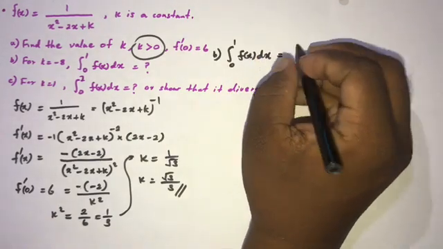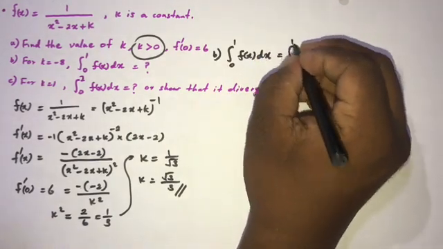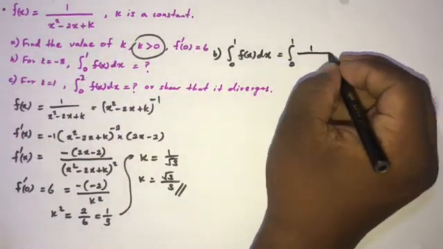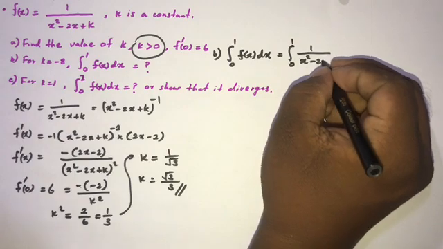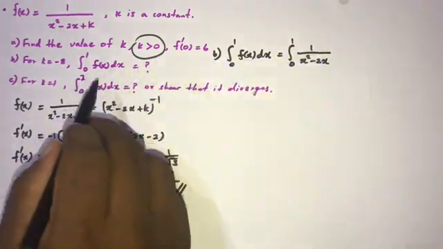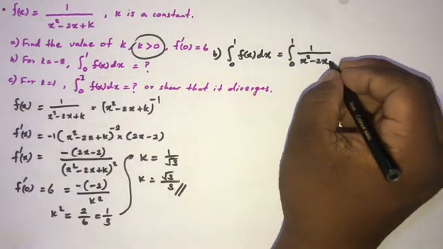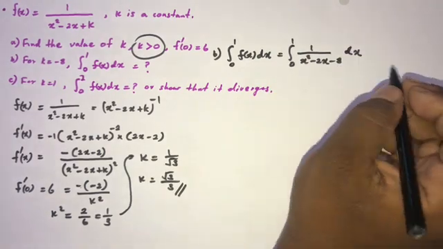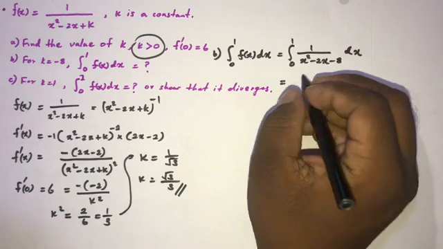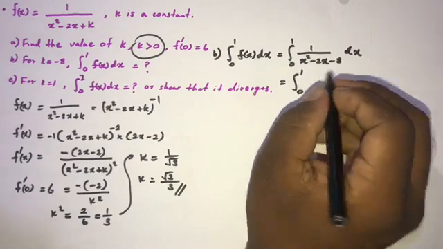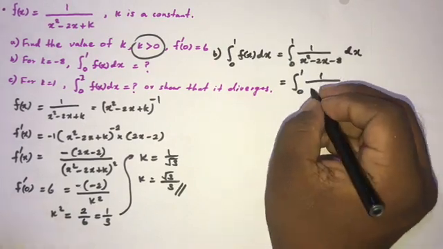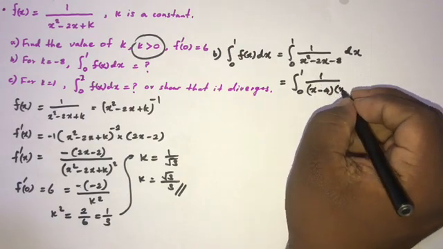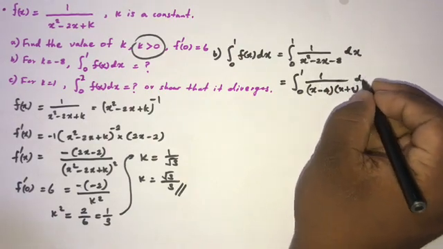Now we can write the integral from 0 to 1 of 1 over x squared minus 2 times x, and now k is equal to minus 8, so minus 8, dx. Okay, then you can factor the bottom. So integral from 0 to 1 of 1 over x minus 4 times x plus 2 dx.